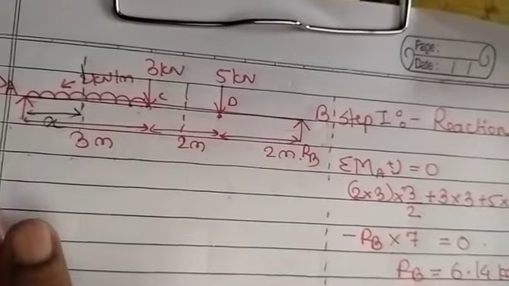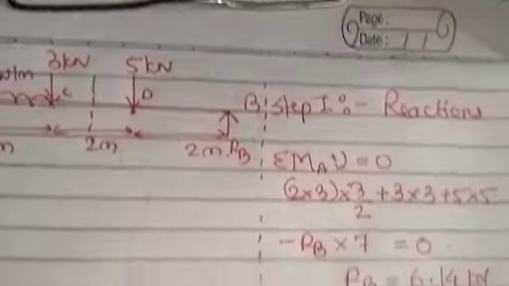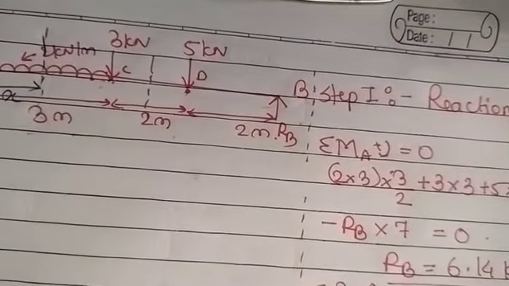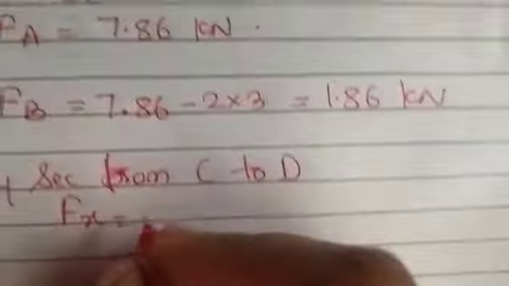On the left side there are 3 forces, so we'll consider the right side. On the right side our convention is downward positive and upward negative. So 5 kilonewton will be positive and RB will be negative. So 5 minus RB, which is 6.14.